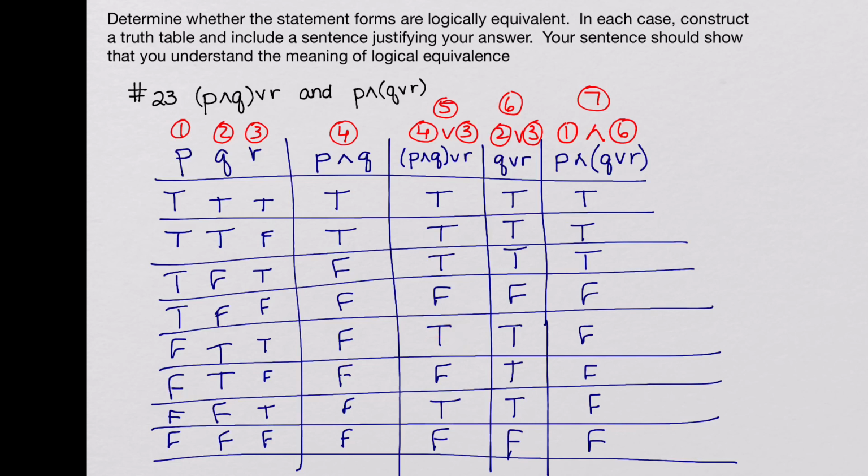But then we get to row 5, and true versus false, not the same. I don't have to keep looking. As soon as you have one different truth value in the same row, they can't be logically equivalent. So I would say these are not logically equivalent.